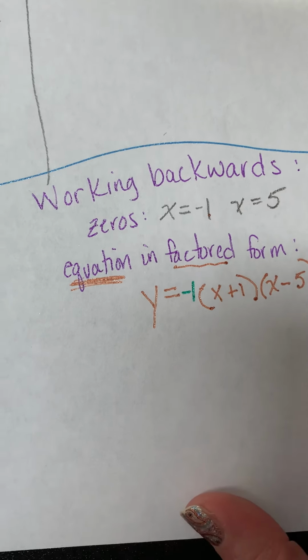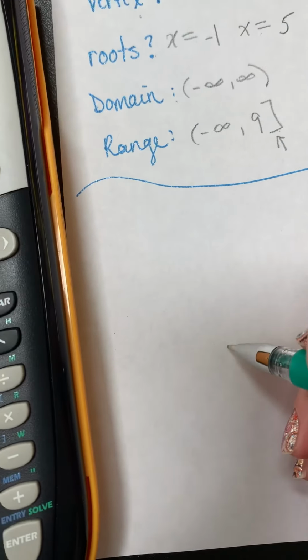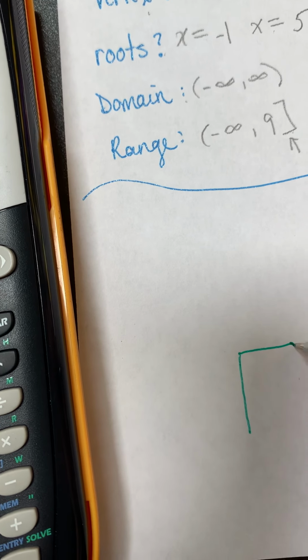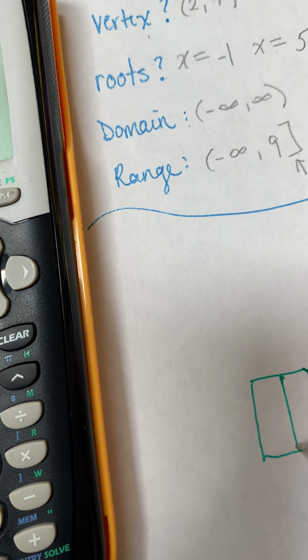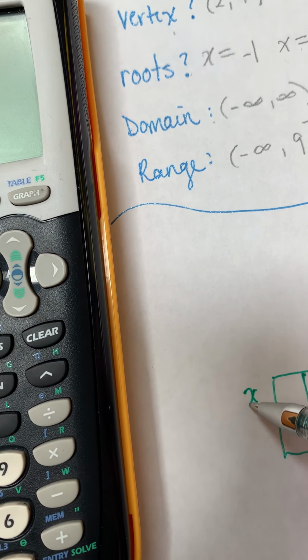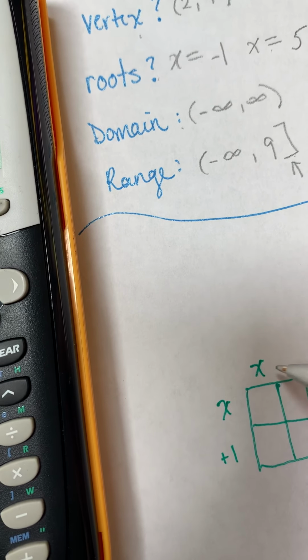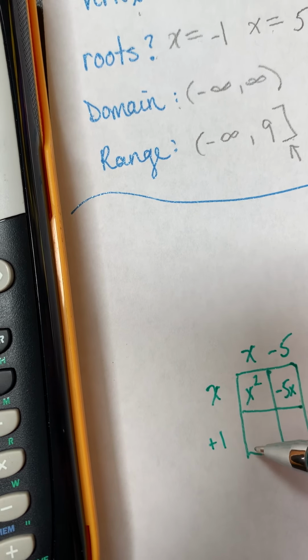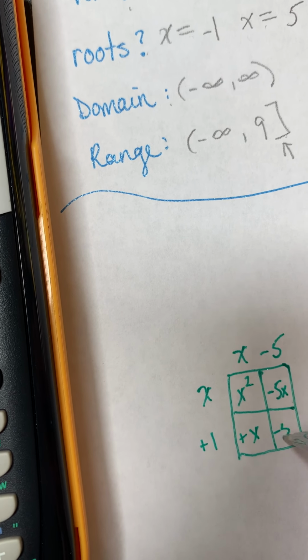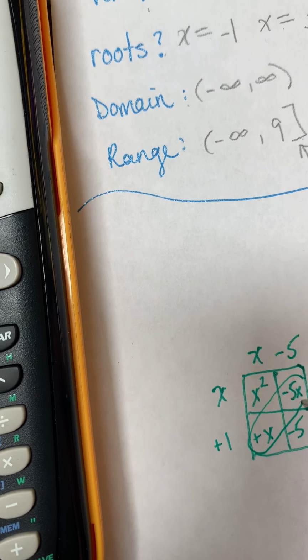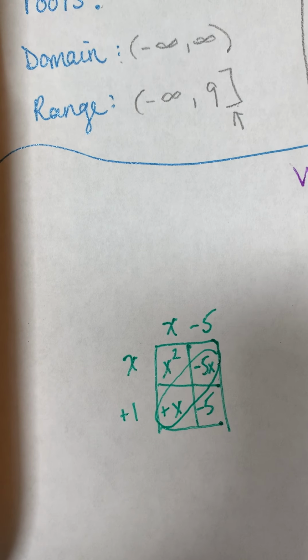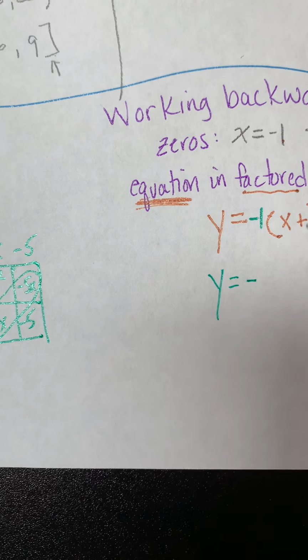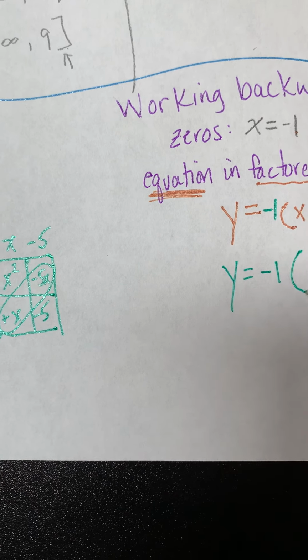How do I get that equation in standard form? Well, I take my factors and I multiply them out. So I've got an x plus 1, I've got an x minus 5, combine like terms, and I'm looking at, still have this negative out there, -1, I'm not going to do anything with that yet.